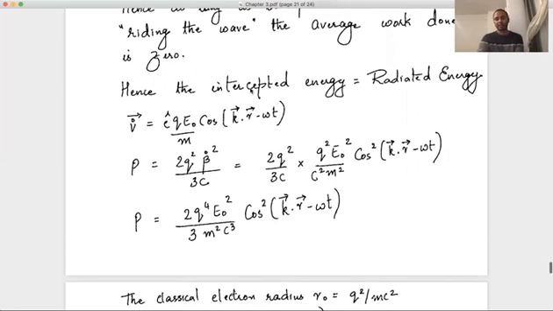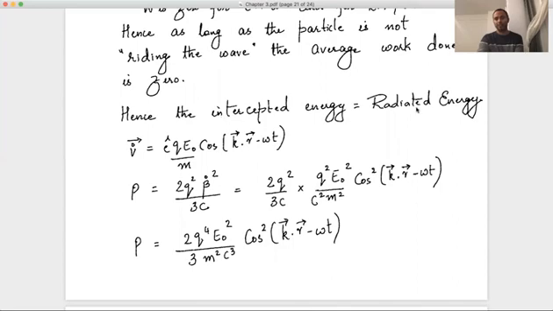Now I can make the statement that the intercepted energy is equal to the radiated energy. Now let's calculate the radiated energy. All we need is the acceleration to do that, so v dot. And we've already solved for that. So that's good. We know what v dot is. And the power radiated, which is ergs per second, is just this expression which we derived this week, right?